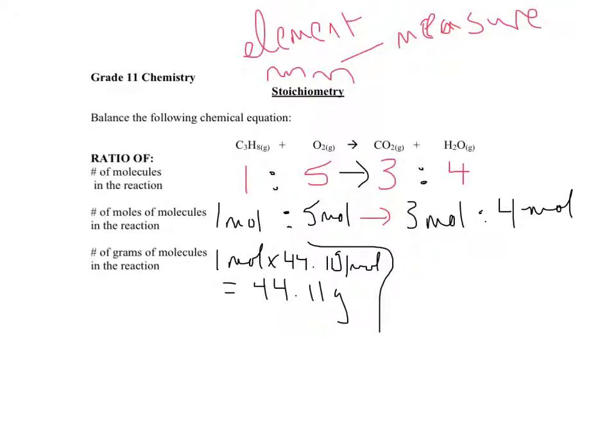And then if you wanted a complete reaction, you'd need 5 moles of oxygen times the molar mass of O2, which is 16.00 times 2, which gives us 32.00 grams per mole, and that's going to equal 160.00 grams.